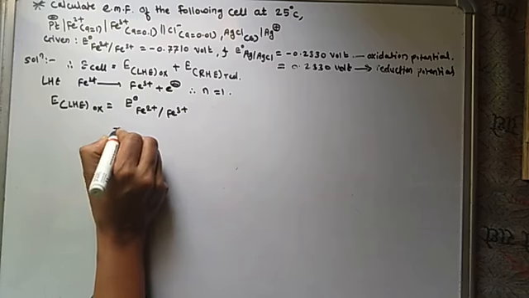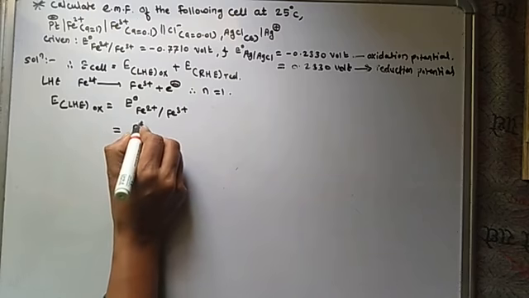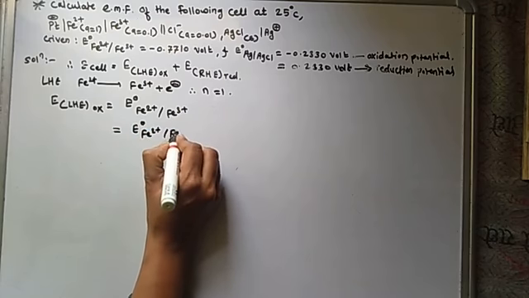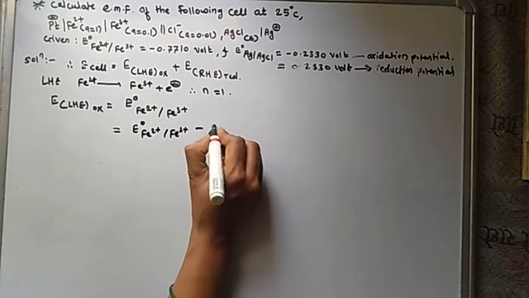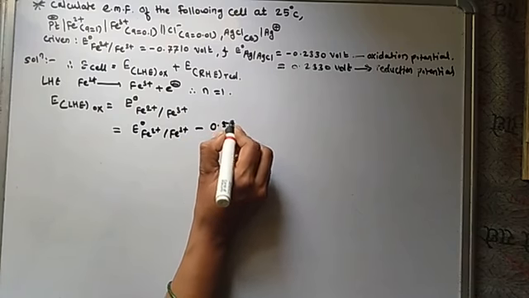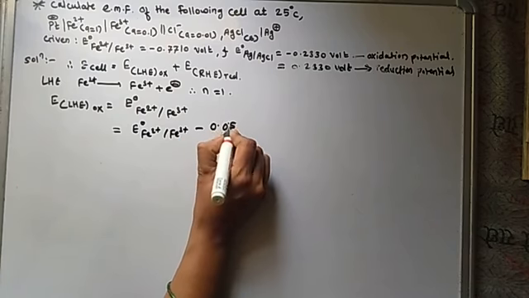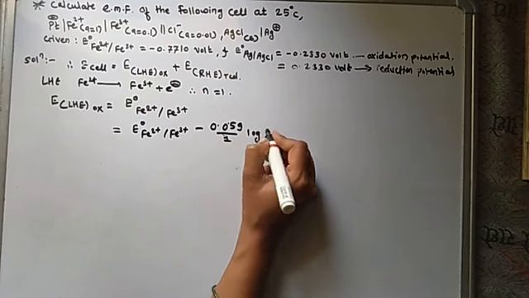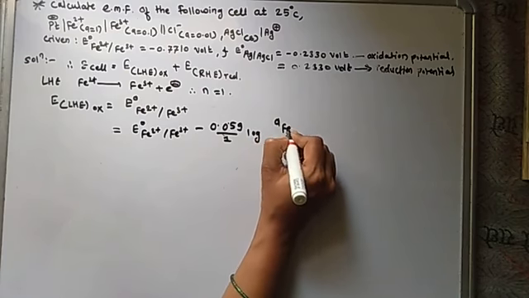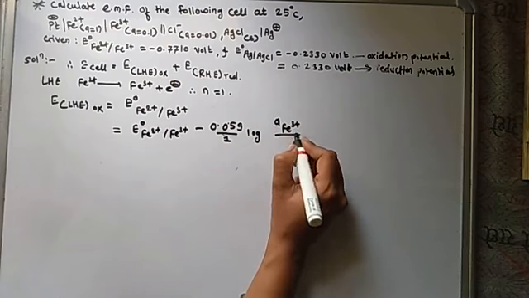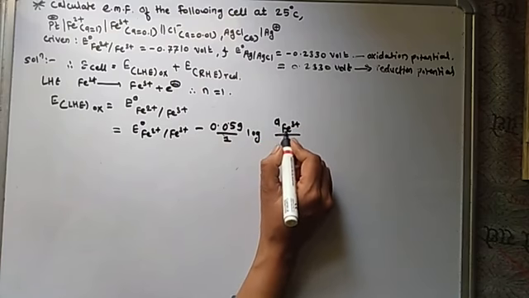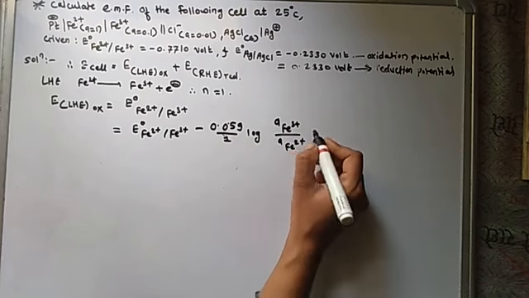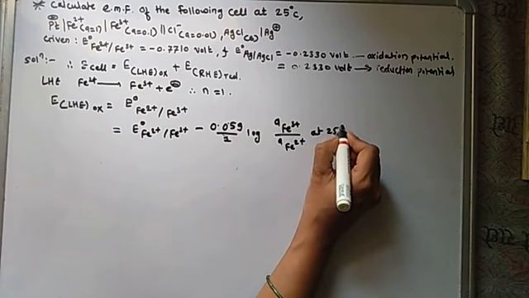So we can write by using the Nernst equation: E standard of Fe2+/Fe3+ minus 0.059 divided by 1 log of A of oxidant divided by A of reductant, that is A of Fe3+ divided by A of Fe2+ at 25 degrees Celsius.